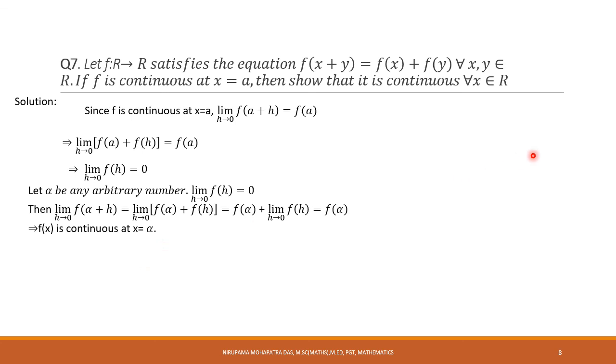For all x belonging to R, let us take alpha as an arbitrary number, and we also have the limit as h approaches 0 of f(h) equal to 0. So the limit as h approaches 0 of f(a + h) equals the limit of f(a) + f(h). The limit of f(a) will be f(a) only, and the limit of f(h) is 0.